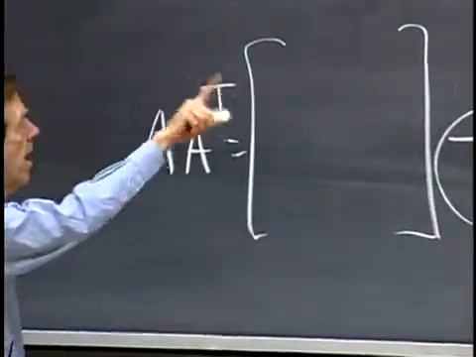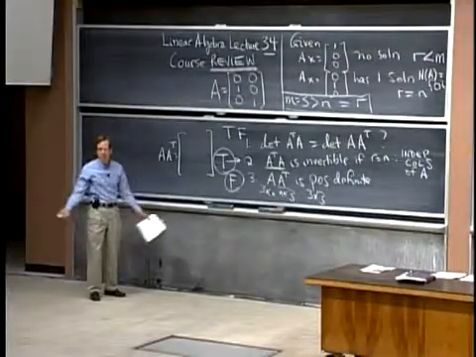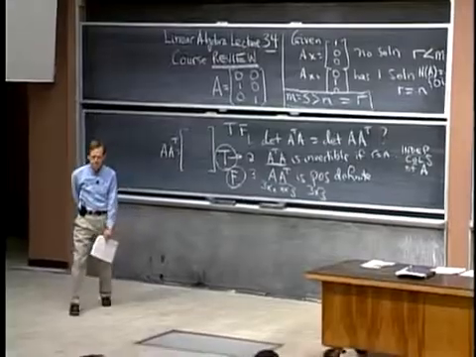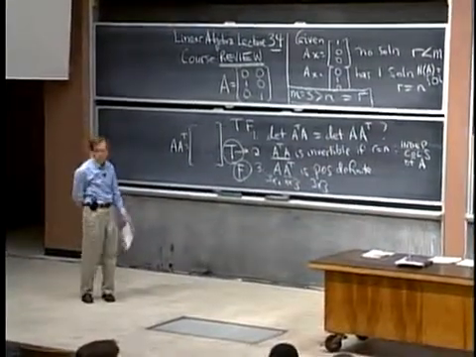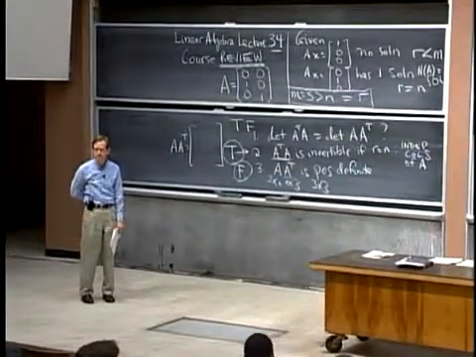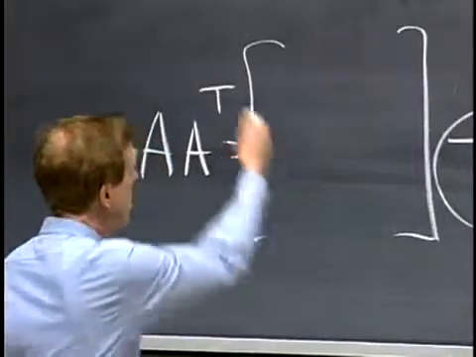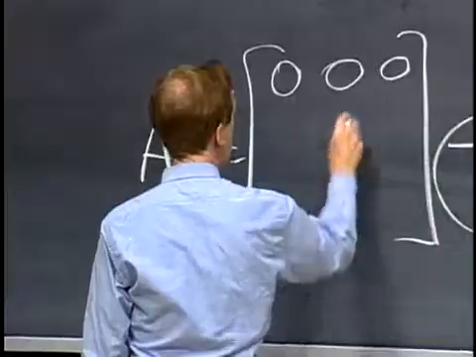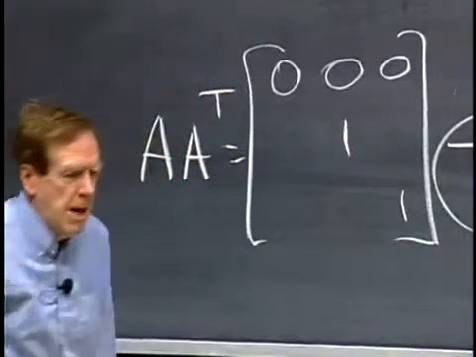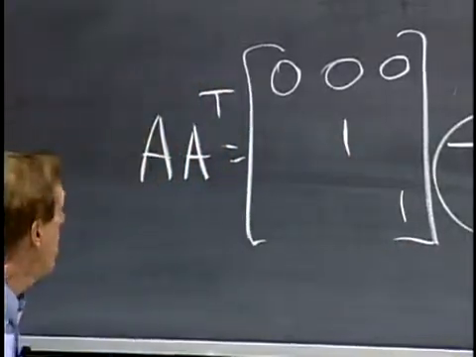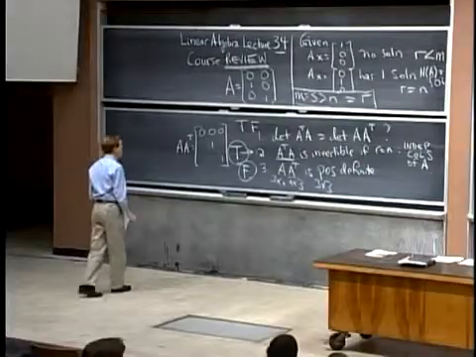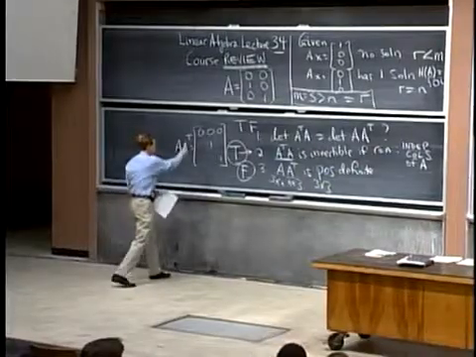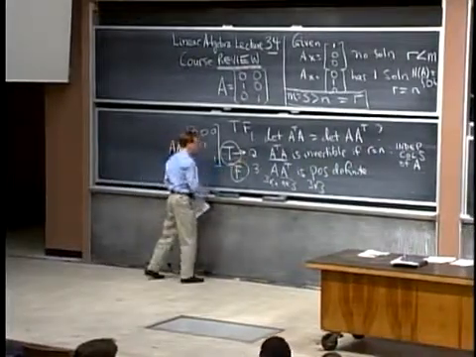If I multiplied A by A transpose, what would the first row be? All zeros, right? First row of AA transpose could only be all zeros. So it's probably a 1 there and a 1 there, or something like that. But I don't even know if that's right. But it's all zeros there, so it's certainly not positive definite.